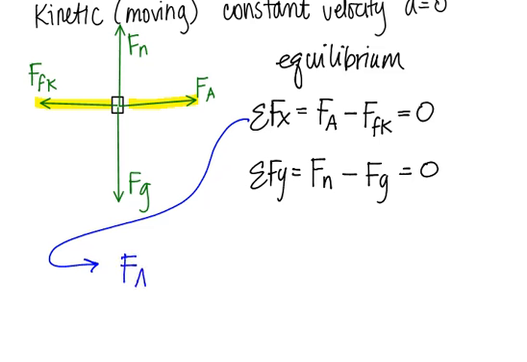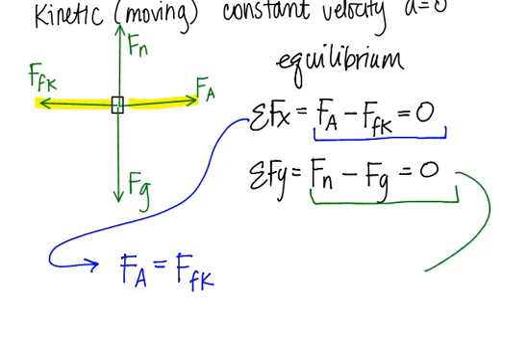Wouldn't the applied force be equal to the force of kinetic friction, if I rearrange this equation? And what about this one? If I rearrange it, wouldn't the normal force equal the weight, or the gravitational force?